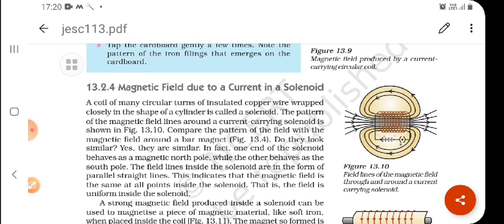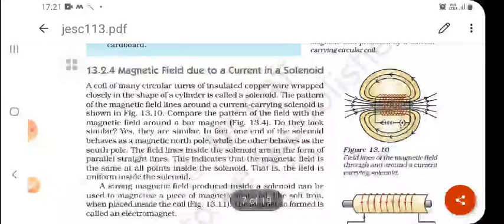So what we are making here is a solenoid, which is a cylindrical coil of many circular turns of insulated copper wire. And you can see the pattern of magnetic fields around this current carrying solenoid in figure 13.10.